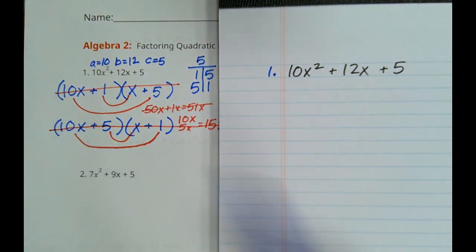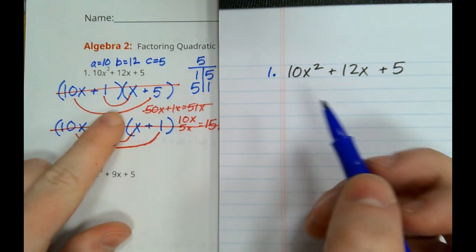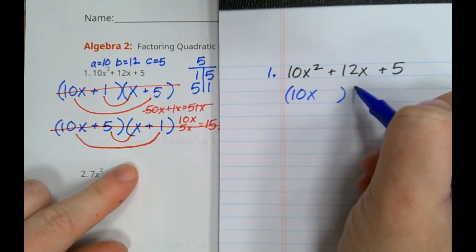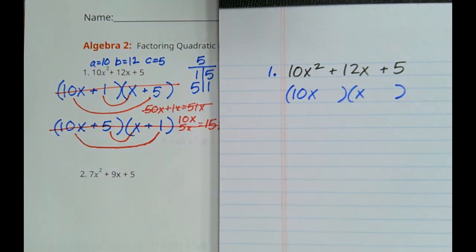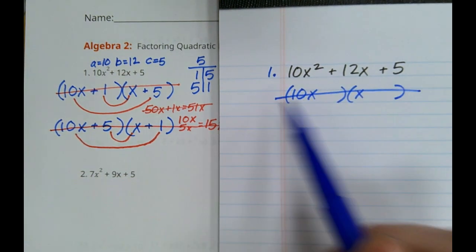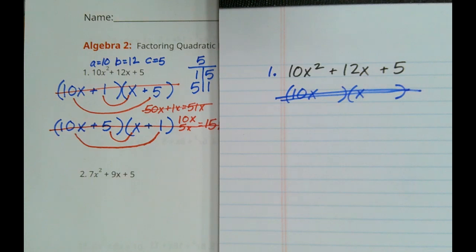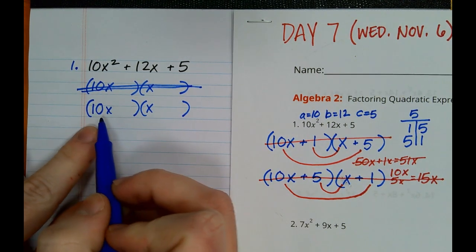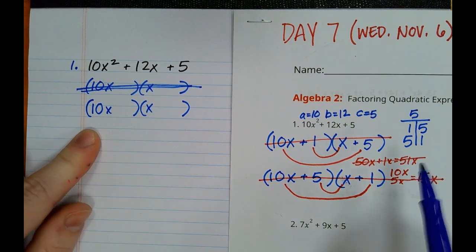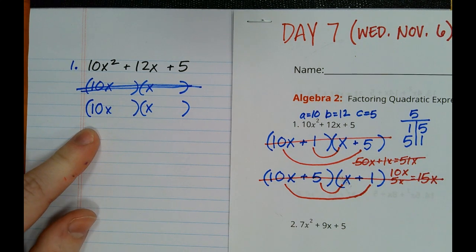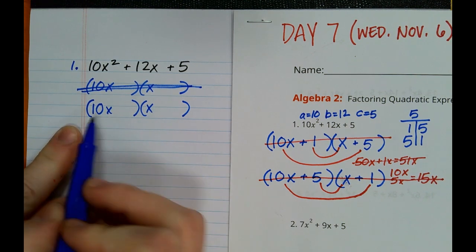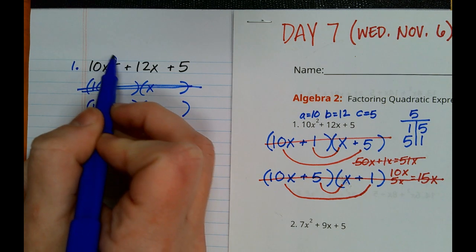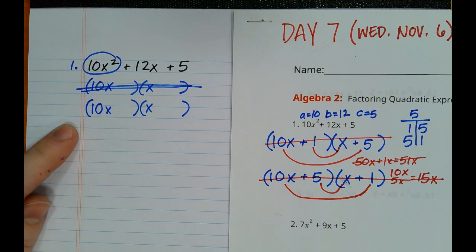We just tried all the possibilities for factors with 10x and x, so I know that's not going to be what's in my parentheses. Back to where we were: I tried all my factors of 5, and it didn't work no matter what I did. That means we need to break this 10x squared down even further.